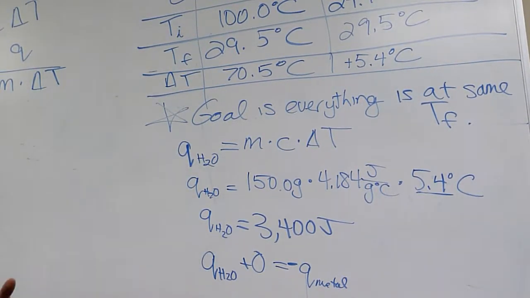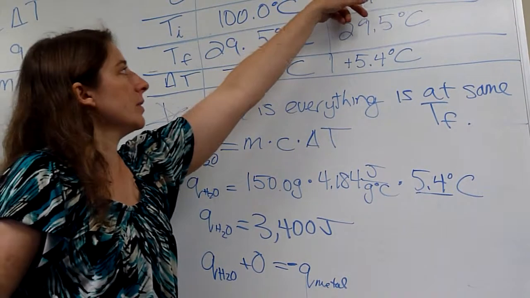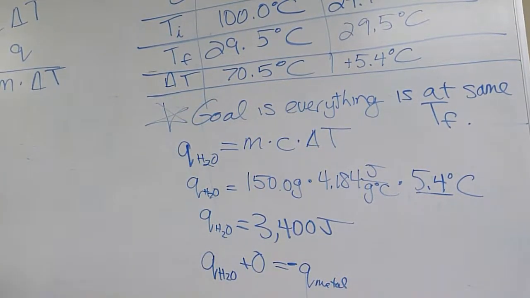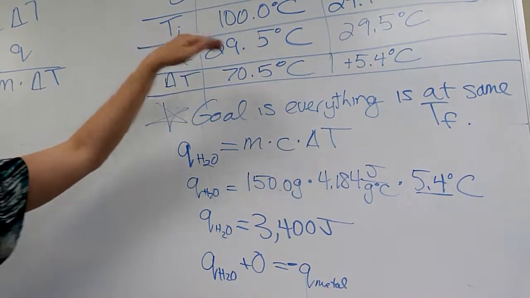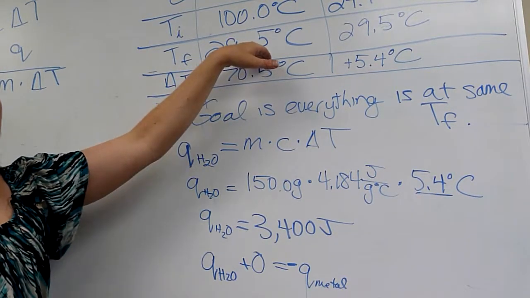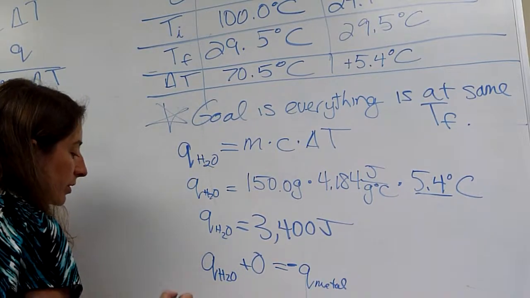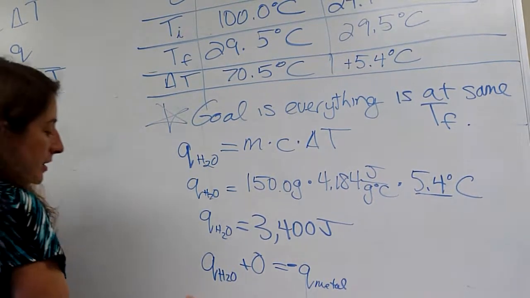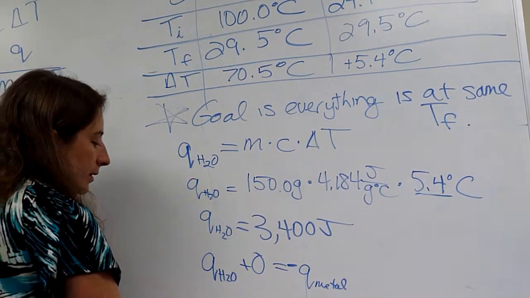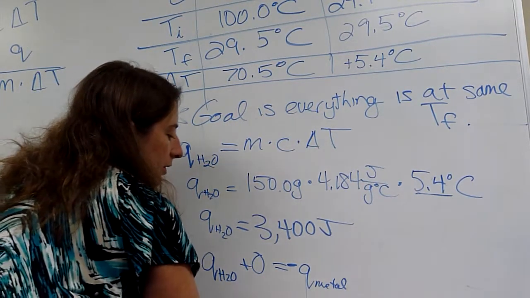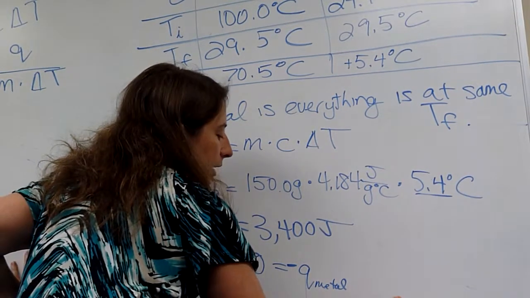So the key points to solving this problem: you have to know the specific heat of water, and you have to know that everything ends up the same final temperature. The other key thing, if you weren't ignoring the calorimeter, is that water and calorimeter are always the same temp.